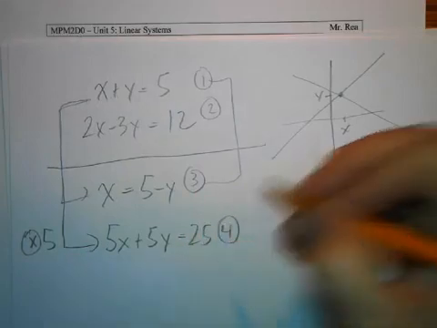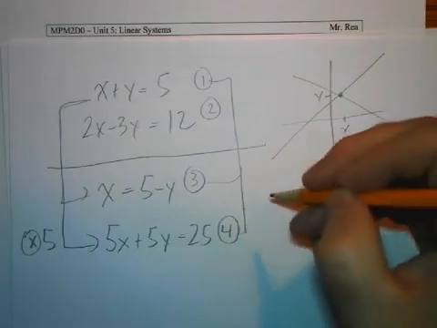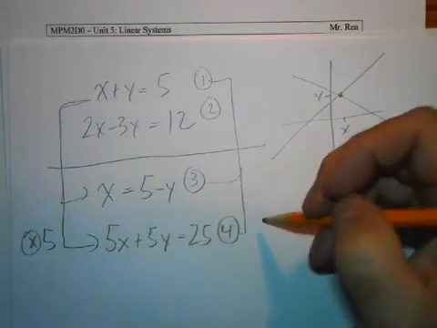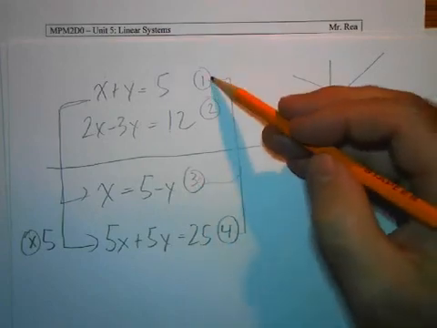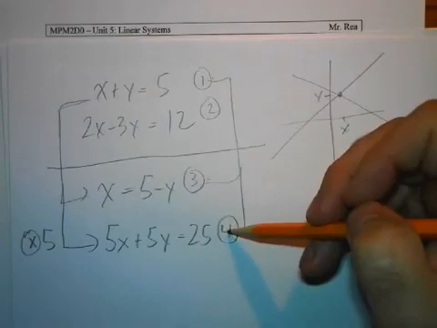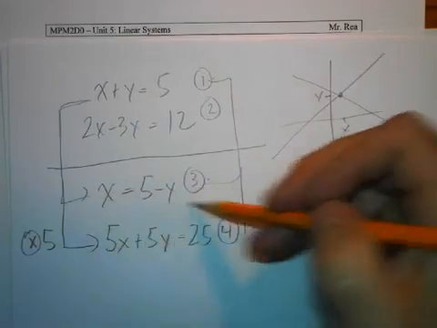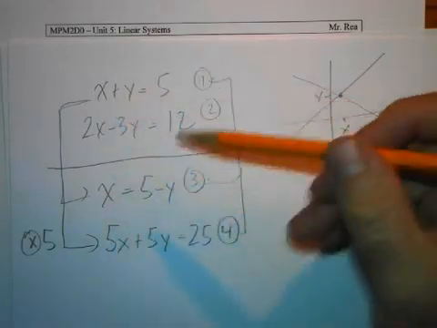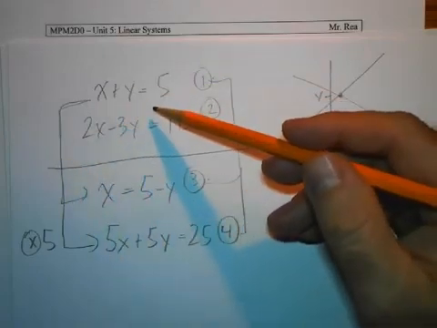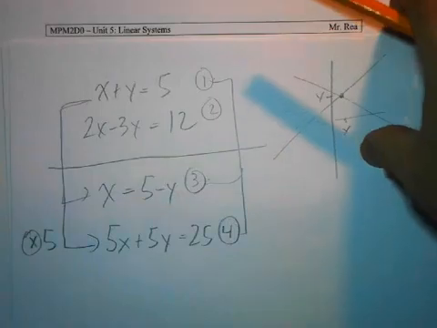Call it equation 4. But in terms of solutions, if I graphed it, it's exactly the same as this equation and this equation. So that's something we're going to be doing today. We're going to take an equation and multiply it in order to use the technique.